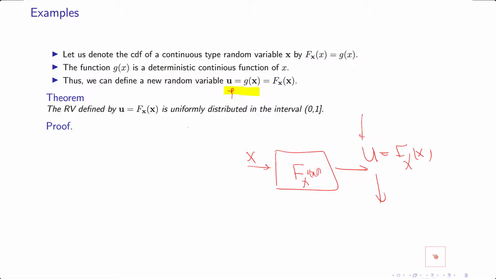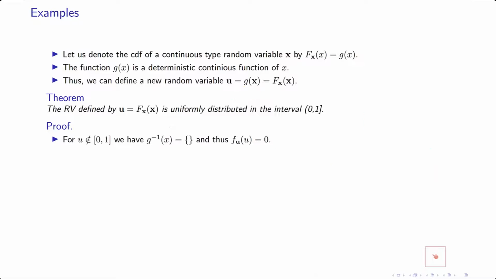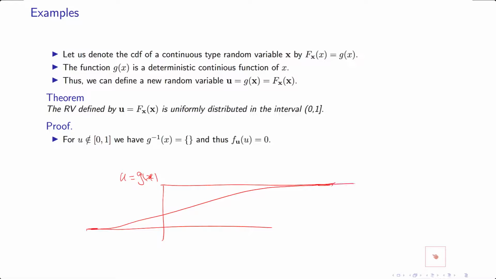Now, let us prove this theorem. This is a very important theorem. The first step is that I have u equal to g of x. If I want to solve it, what will happen? Because g of x is a CDF function, it always ends up equal to 1, always starts at 0, and is a continuous increasing function.